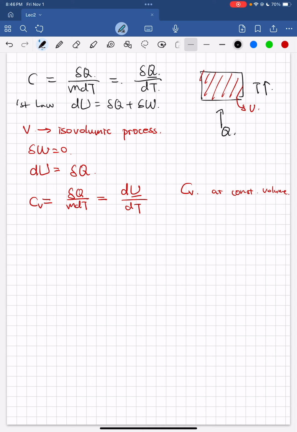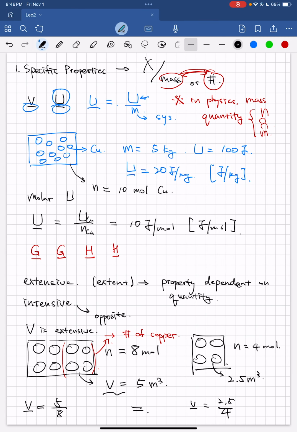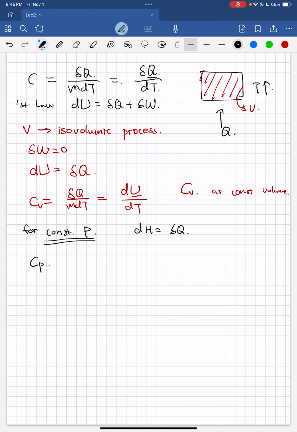And for constant pressure, of course, there will be CP, right? And at constant pressure, remember we did this. dH equals del Q. Do you remember? We derived this in the previous lecture. I hope you remember.